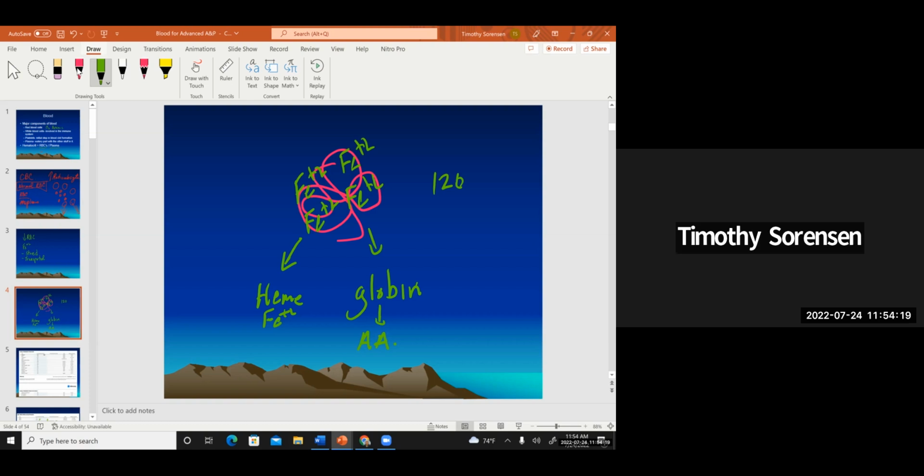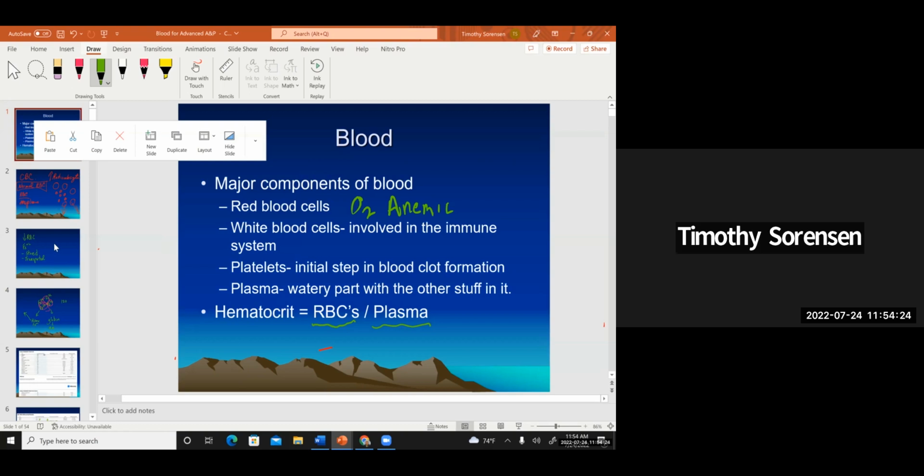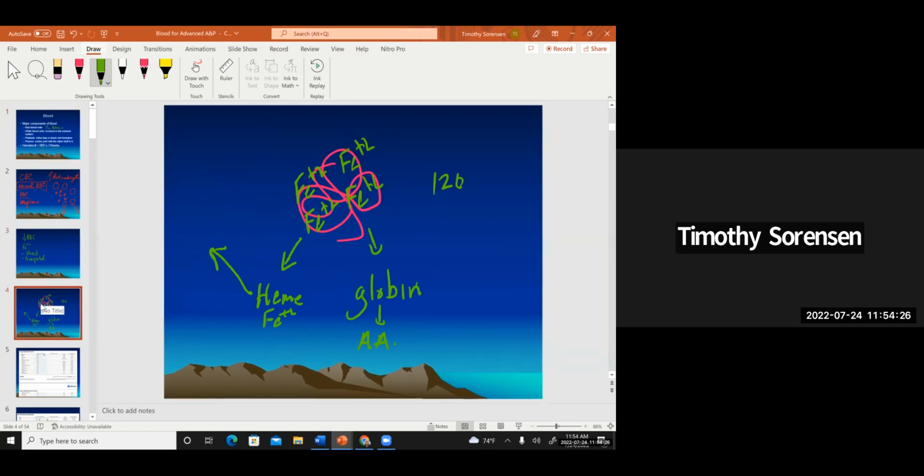The heme portion, through a series of enzymes, is broken down into iron and this stuff called bilirubin. And as you know, bilirubin has a yellowish color. That's why if you look at an old bruise, initially it is red or maybe a little purplish, and then as that bruise gets older, it becomes kind of a yellowish green.